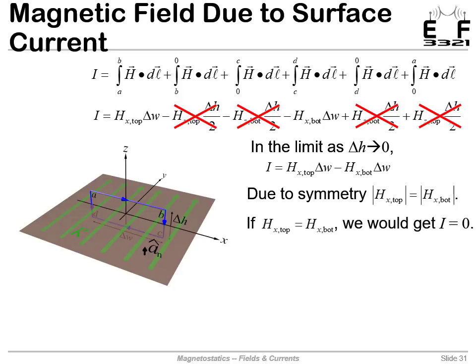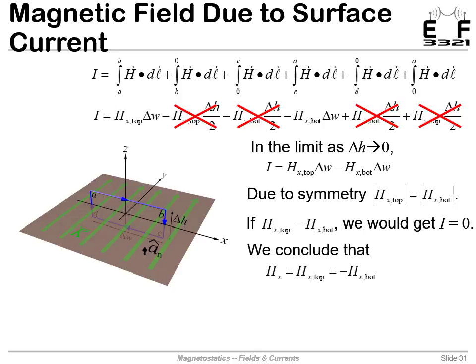Let's pretend for a second the magnetic field above and below was in the exact same direction. Well, if they were in the exact same direction and these two terms were perfectly equal, we would get a 0 over here, and our total current would then be 0, which we know is not physically real. So the way that we reconcile this is that the magnetic field above and below the surface is in opposite directions.